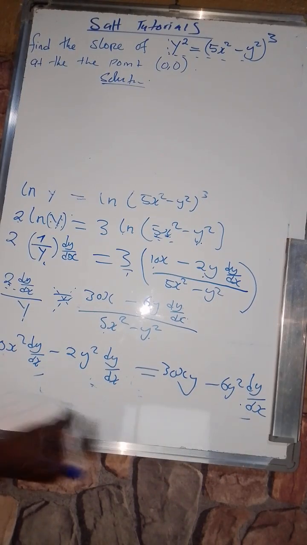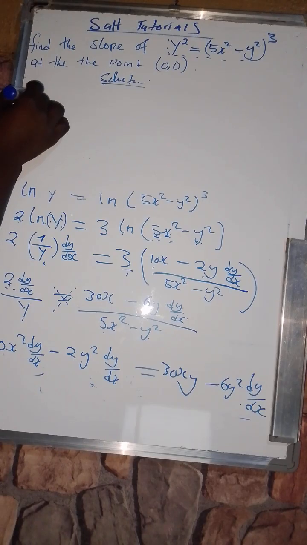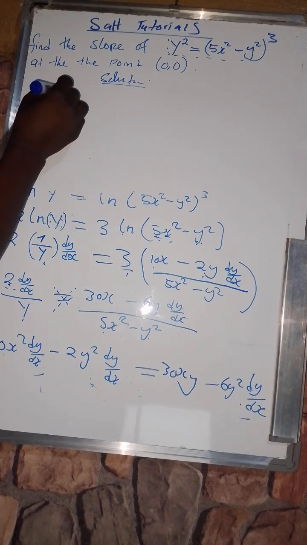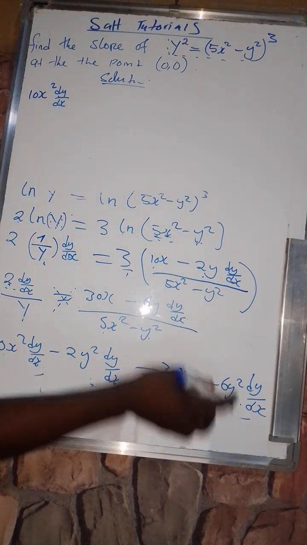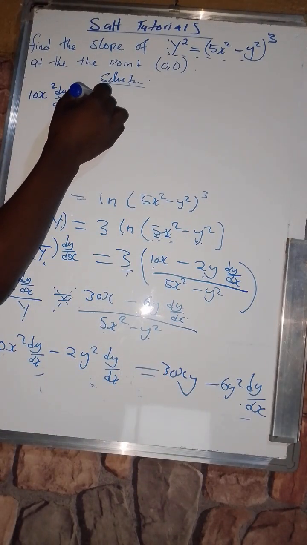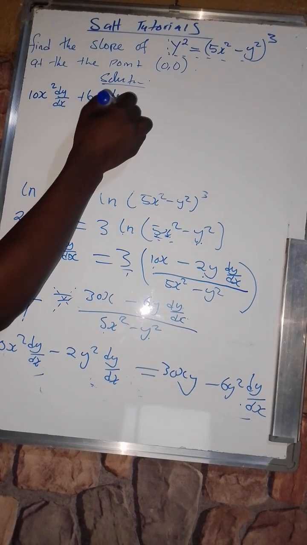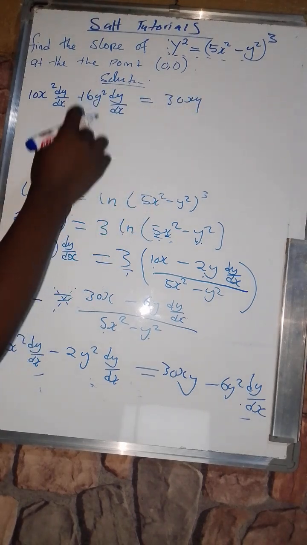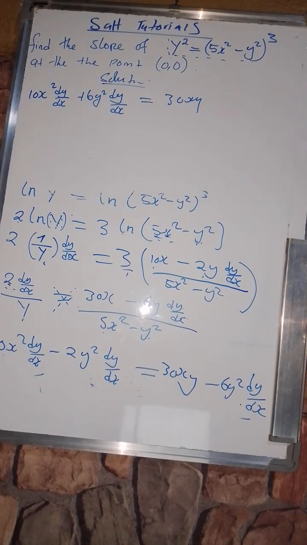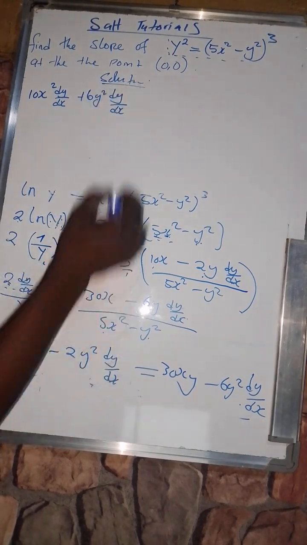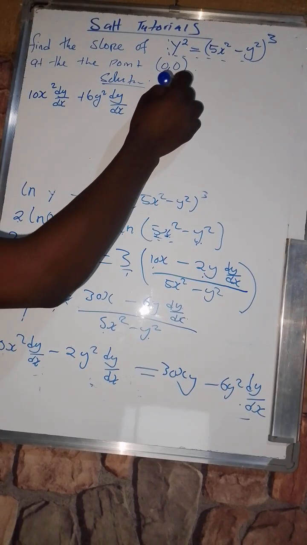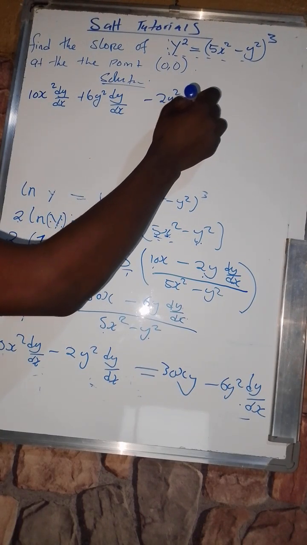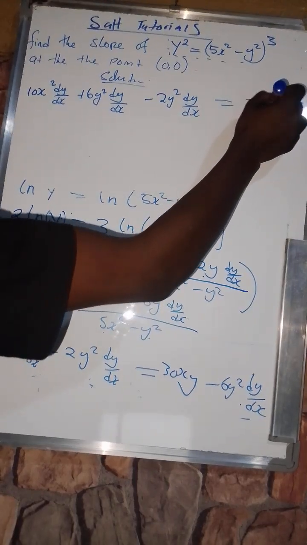I'm going to remain with 10x squared dy/dx plus 6y squared dy/dx, and the negative 2y squared dy/dx, to be equal to 30xy. This is what I have in this question.